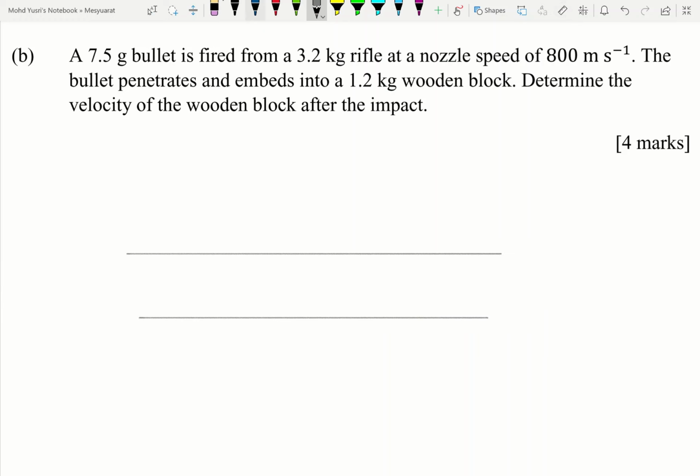Okay, so kita ada satu biji peluru in which the speed of the bullet is 800 meter per second. Okay, the bullet penetrates and embeds into a 1.2 kilogram wooden block. So we have a wooden block.